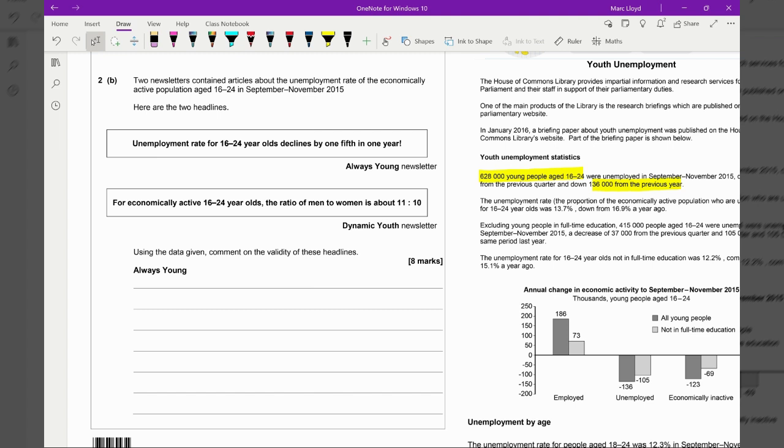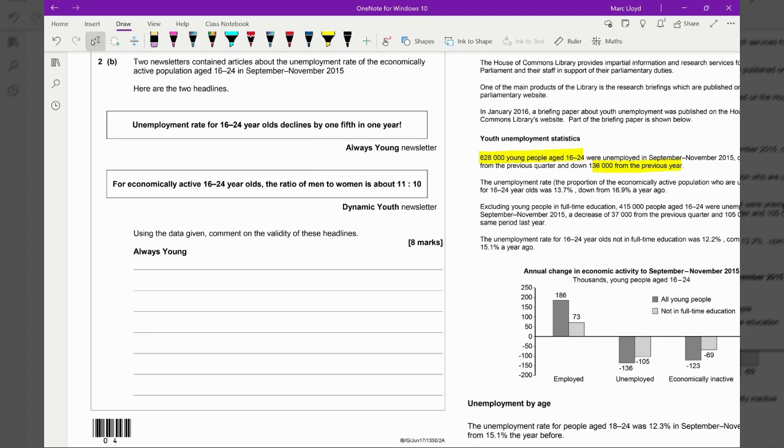Here are the 2 headlines. Unemployment rate for 16 to 24-year-olds declines by 1/5 in 1 year. And then for economically active 16 to 24-year-olds, the ratio of men to women is 11 to 10. So I guess economically active means that they have a job. Using the data, comment on the validity of these headlines.